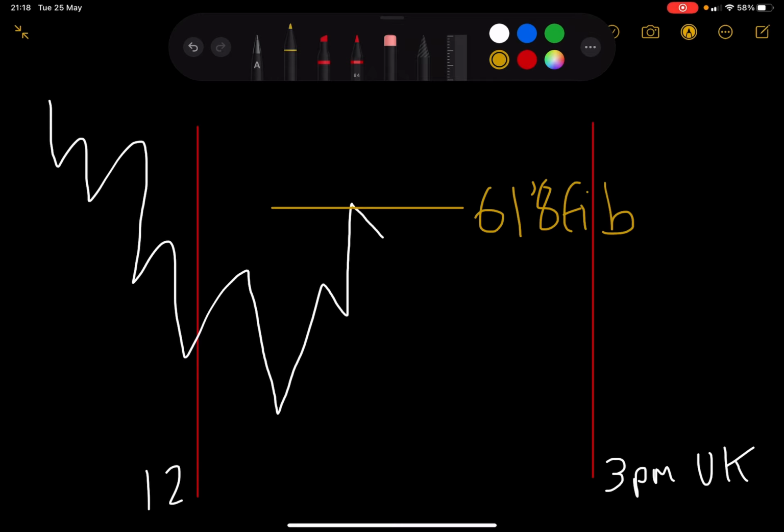So it comes back up to 61.8 fib, which is the optimal trade entry level, and then it's likely to carry on down, and that is your trade. The levels of take profit and stop loss will be on the fib, which I'll show you in a minute. But that is setup number 2.